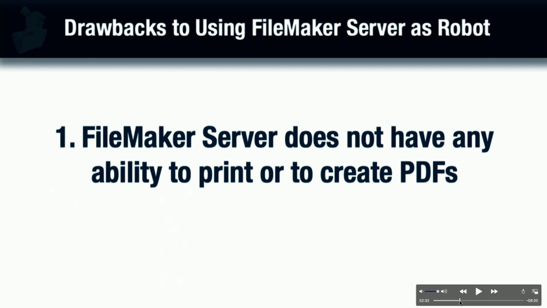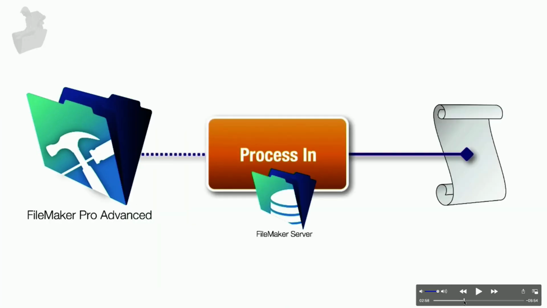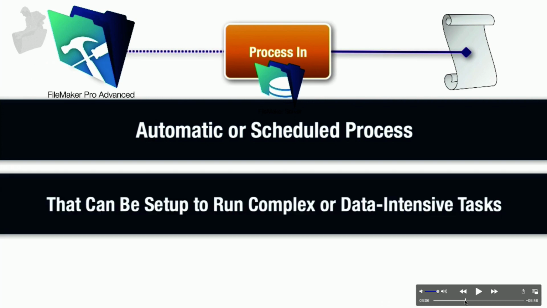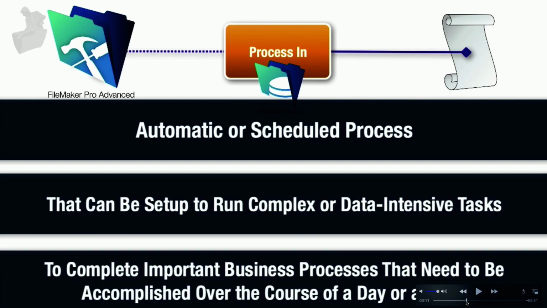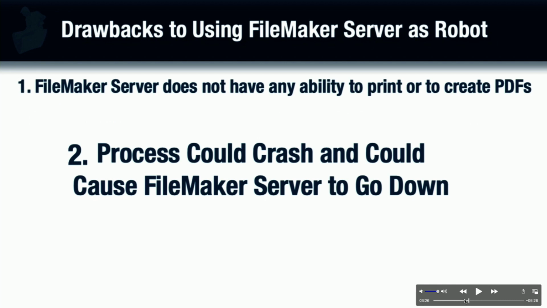FileMaker Server does have the ability to create PDFs now, but it doesn't necessarily have the fonts you have. You have to be careful with that. But more importantly than that, the number one issue is that the process can cause a crash.